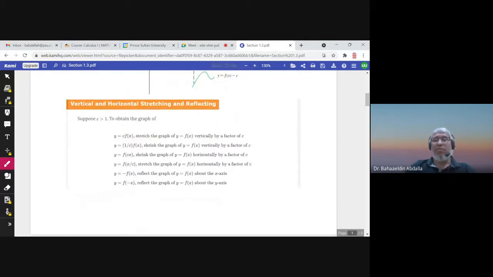The other type of transformations, we have stretching and shrinking, and we have reflection or reflecting. For stretching, we have vertical stretching and horizontal stretching. If you multiply outside by c, or 1 over c, this would be vertical stretching and shrinking.